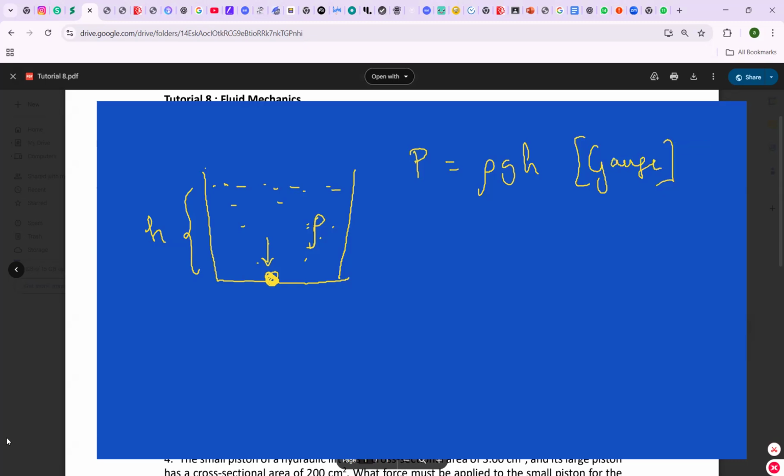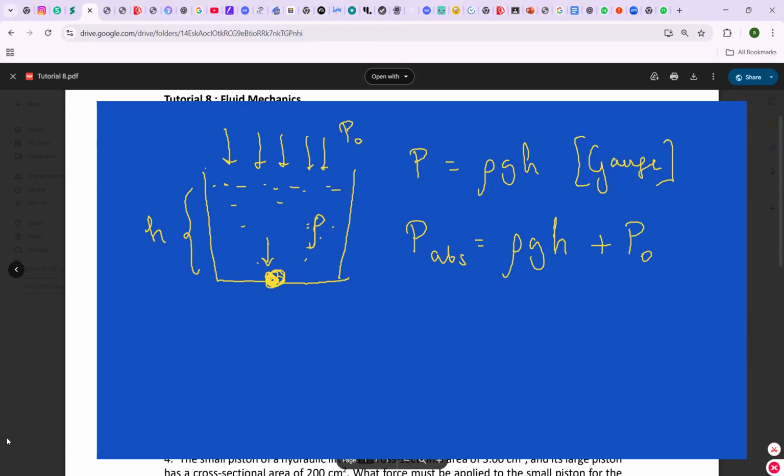But if you consider the atmospheric pressure also, which is 1 atmosphere, then that is called absolute pressure. So absolute pressure at this same point will be rho GH, that is the gauge pressure, plus atmospheric pressure, that is P naught.